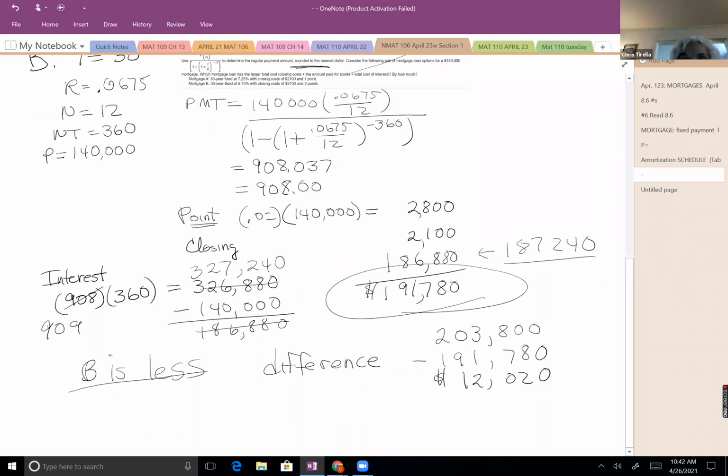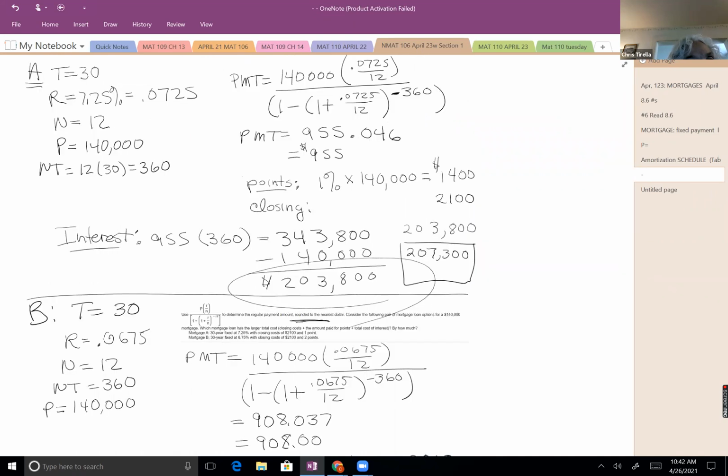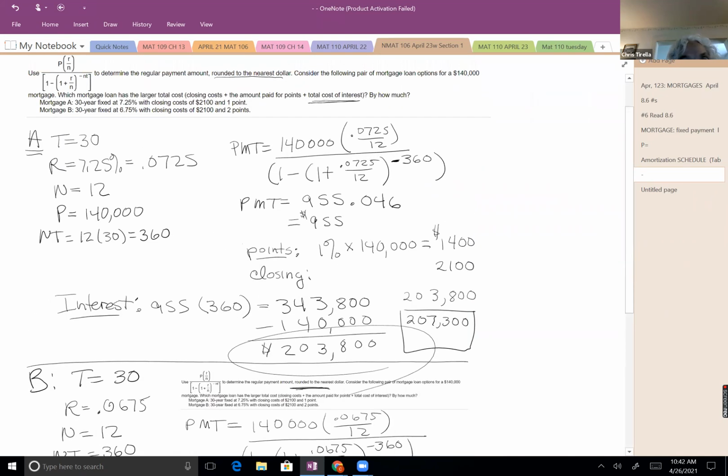I'm just thinking with this change, the difference is, if I just add $1, it's just adding $360 to each of them.